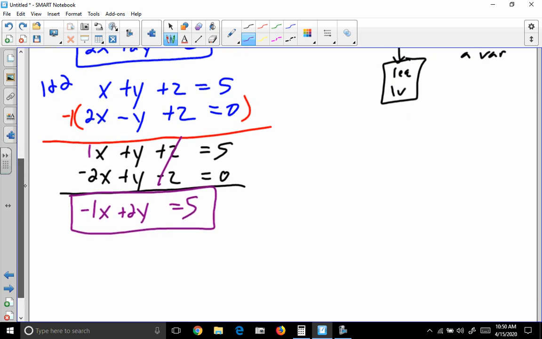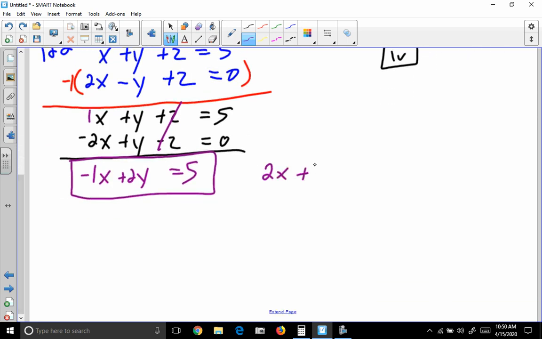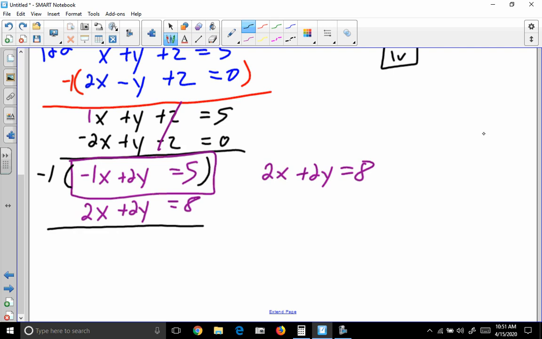So let's bring our first one down. Our first one down was 2x plus 2y equals 8. Now that we have two equations with the same two variables, this is a problem like we had before. So we just need to either do substitution or addition to make one of these variables go away. I noticed that if I change the sign of one of these, they would be opposites. So I'm just going to multiply the top equation by -1.